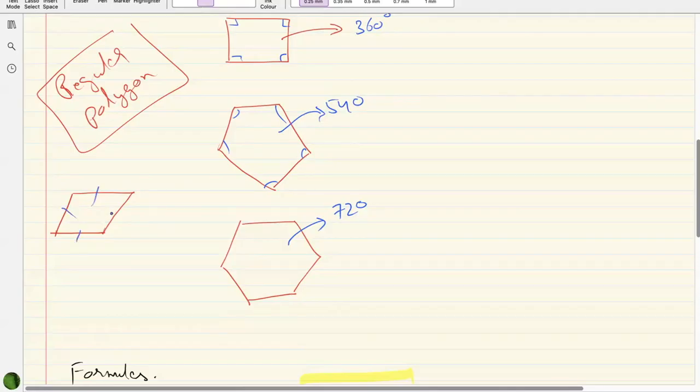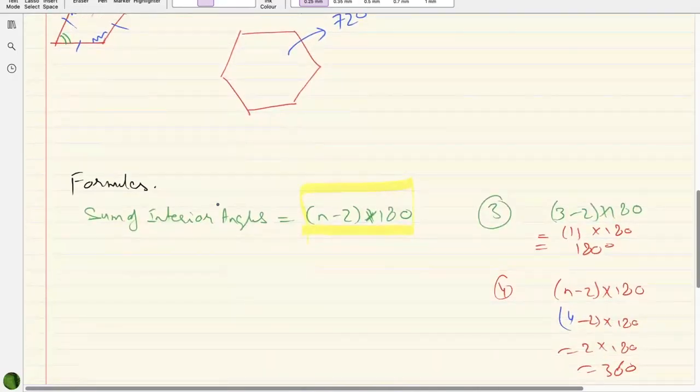We have all four sides equal, but the angles are not equal in case of rhombus. Opposite angles are same, and these two opposite angles are same. So for regular polygon, there are 2 points in the definition. One is all sides are of equal length. Second is all angles are equal. So this word must be stated in the question if we are using these formulas.